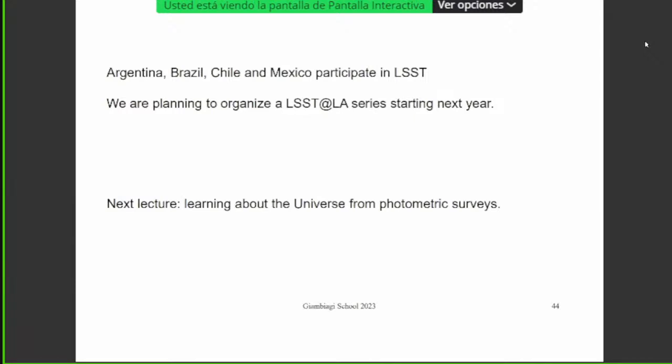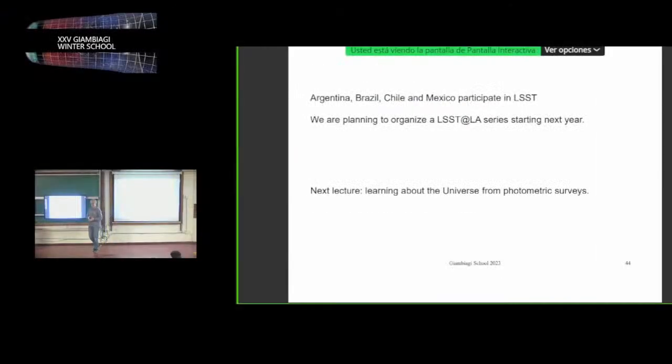And what is really important that I should stress is that we have a participation of Latin American scientists in LSST. And this is really great. So Argentina has joined LSST. You're from Cordoba, you know that. So this is really great. And Brazil is part of LSST. Chile is by default part of LSST.